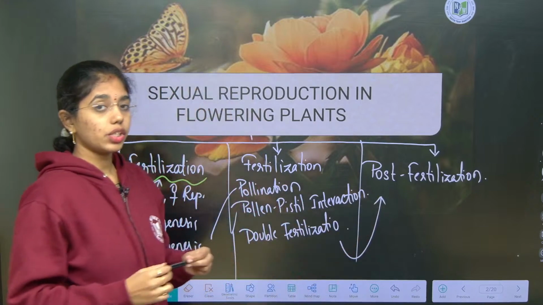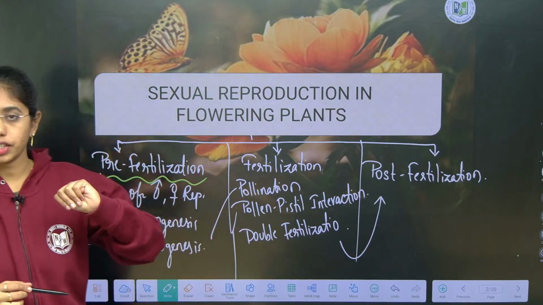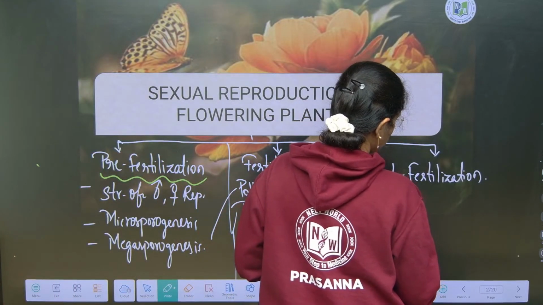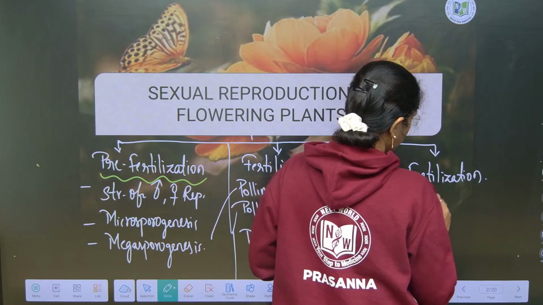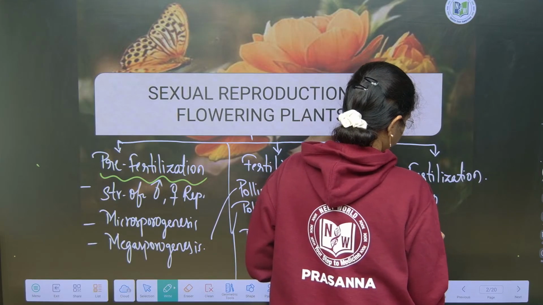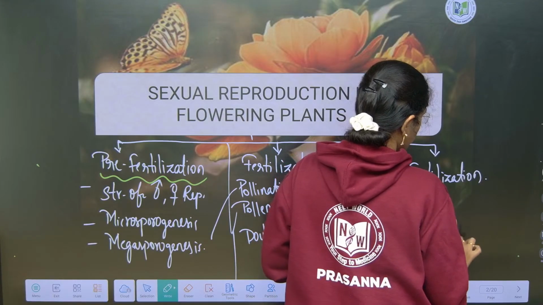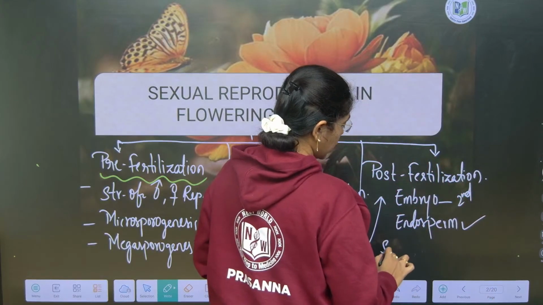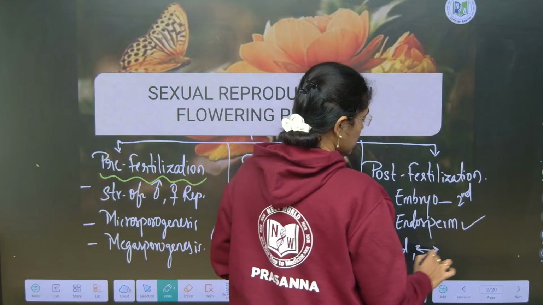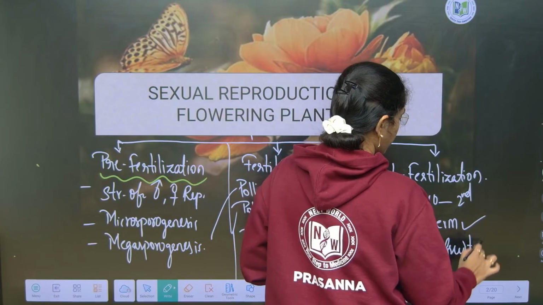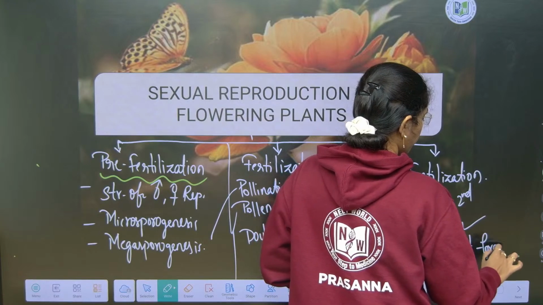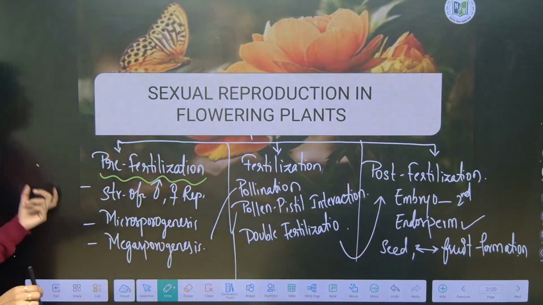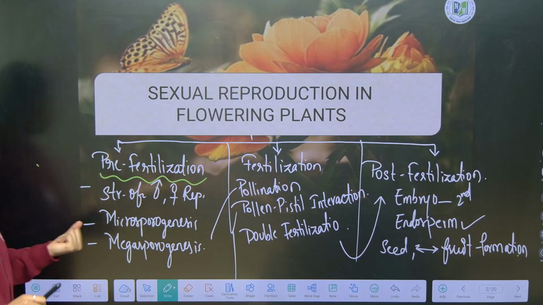And post fertilization events, we will be going through 4 post fertilization events which include endosperm formation first, and then embryo formation will start, after which the seed and fruit formation will happen simultaneously. These are pre-fertilization, fertilization and post-fertilization events.